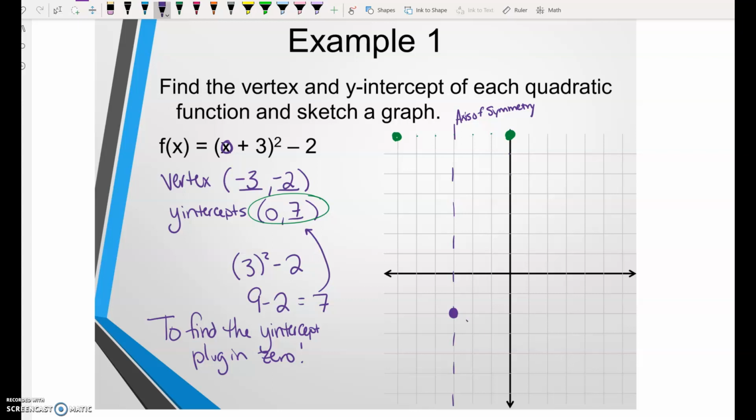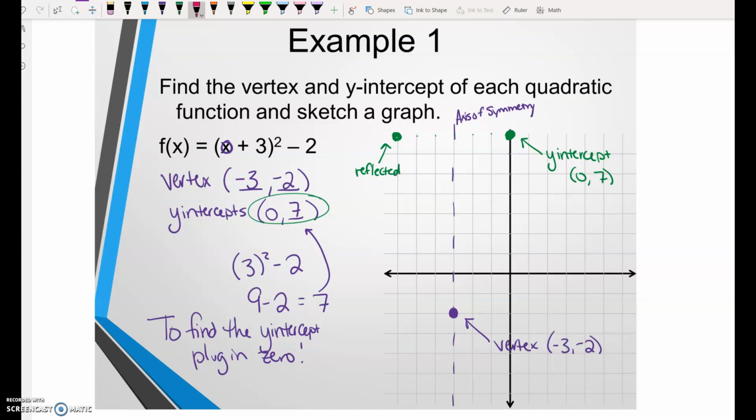So I'm going to label this. This is our vertex at (-3, -2). This one is our y-intercept, where we plugged in 0 and we got the value 7. And this is simply reflected over that symmetry line.